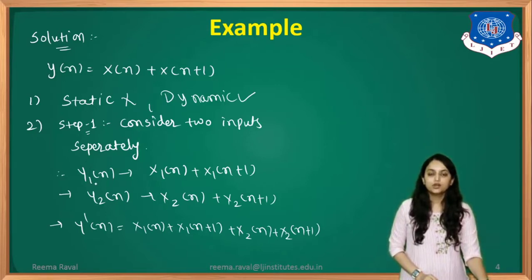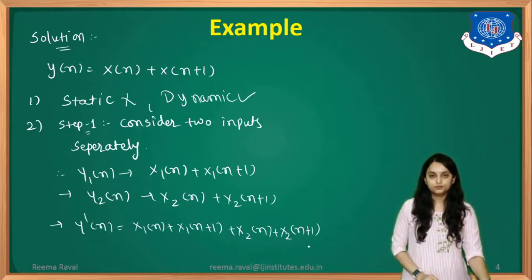According to the system function, y1 of n will be equal to x1 of n plus x1 of n plus 1. Then y2 of n, for the second input, will become x2 of n plus x2 of n plus 1. Now we will add these two, so we will have y dash of n equal to x1 of n plus x2 of n plus x1 of n plus 1 plus x2 of n plus 1, that means the addition of all of these terms.